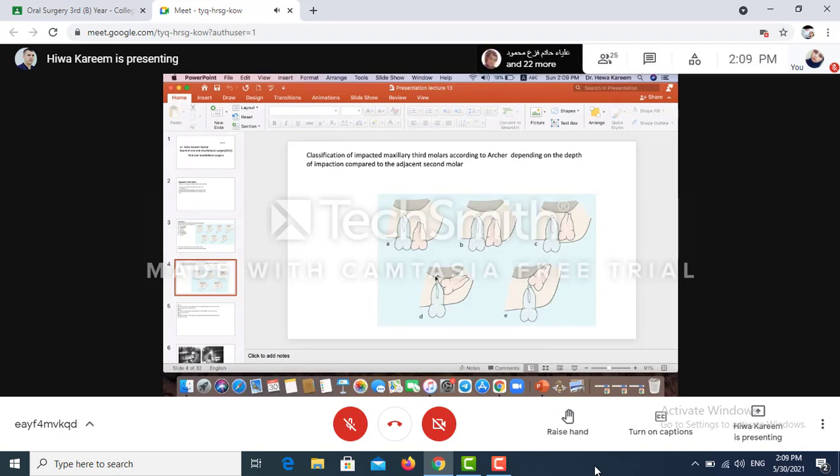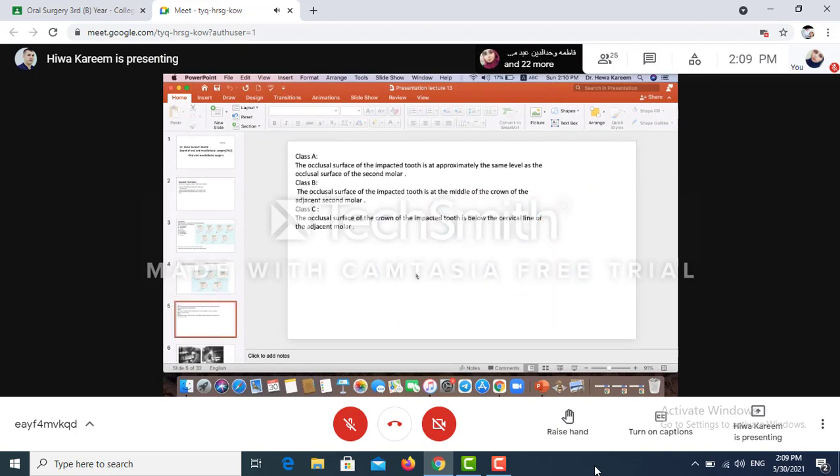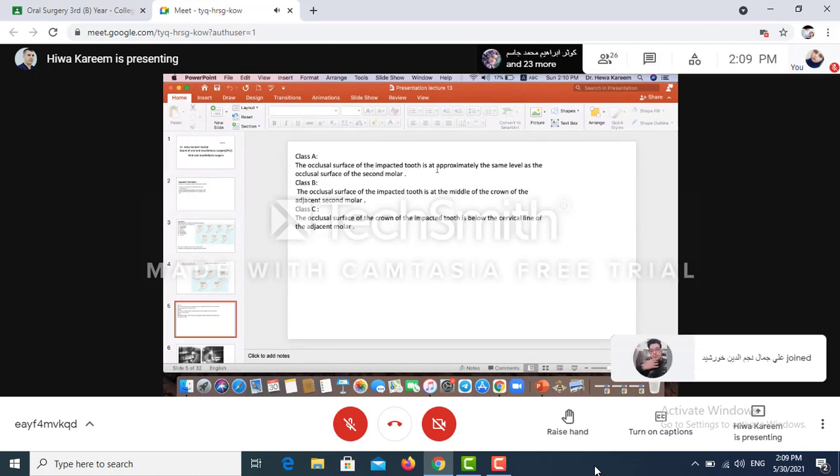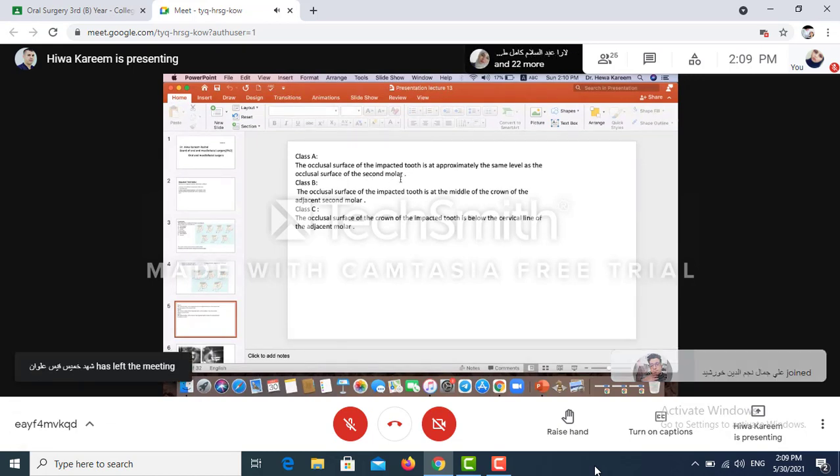And we have deep classification like this, near the root of the second molar or below the apex of the second molar. Class A: the occlusal surface of the impacted tooth is at approximately the same level as the occlusal surface of the second molar.